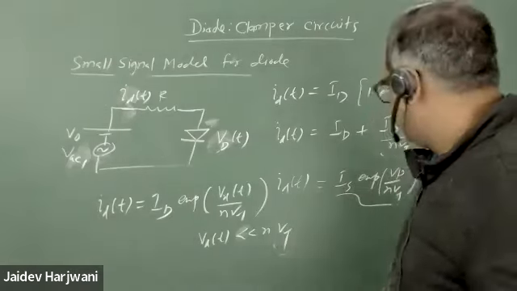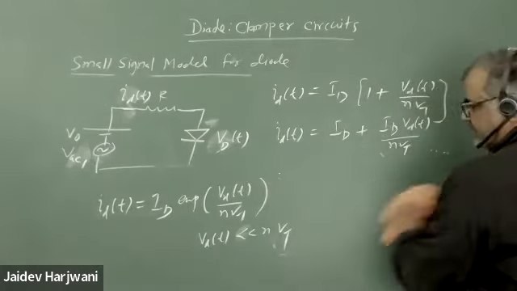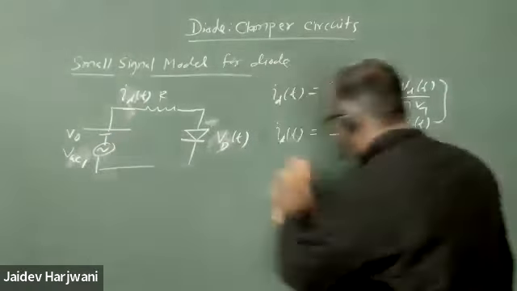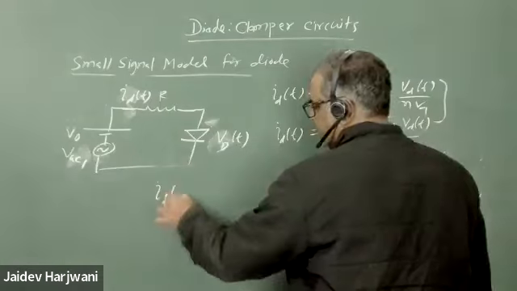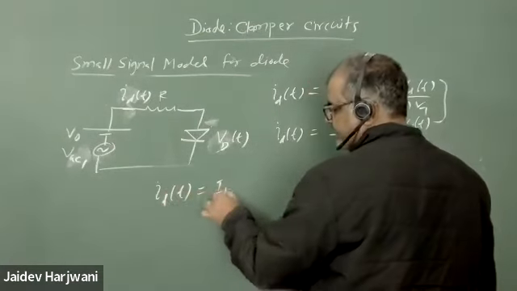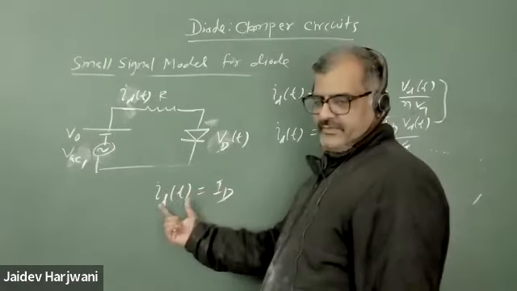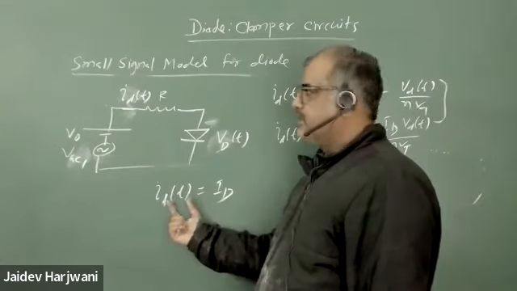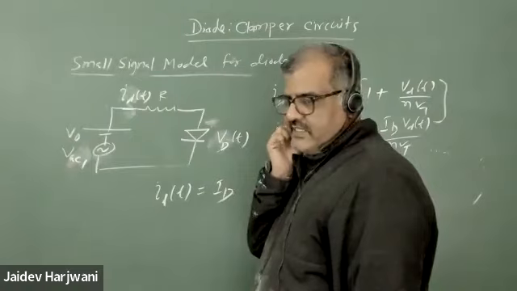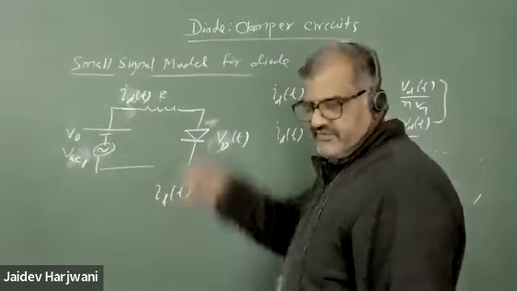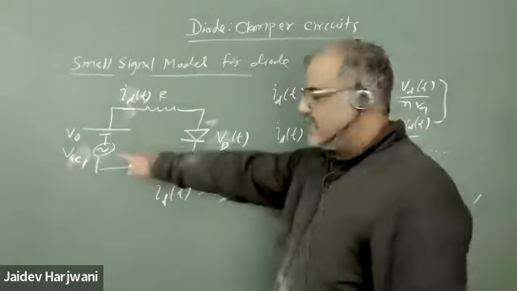Now let me first write the equation, then you can understand what I'm doing. This i_D(t) is equal to I_D. This is the total current, the total current because of both the sources present in the circuit, one AC, one DC, which varies with time because the signal is varying with time.